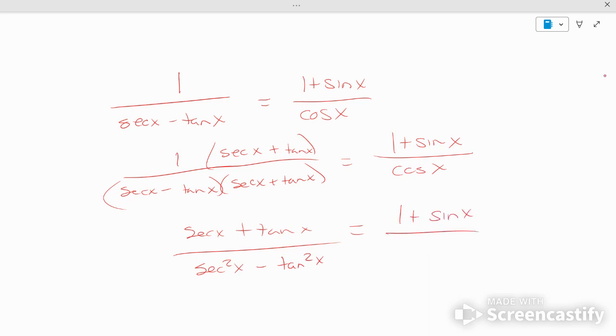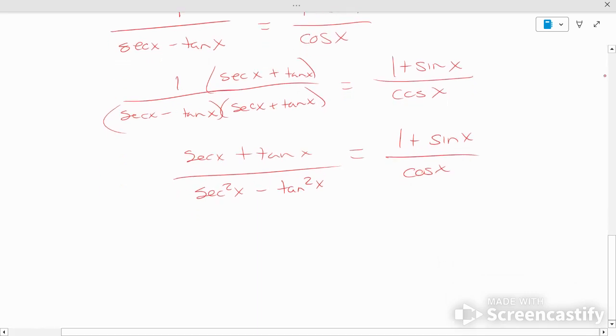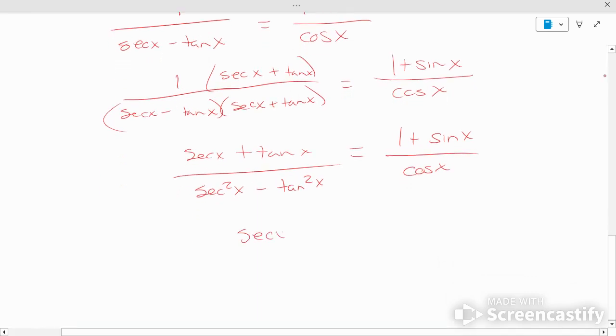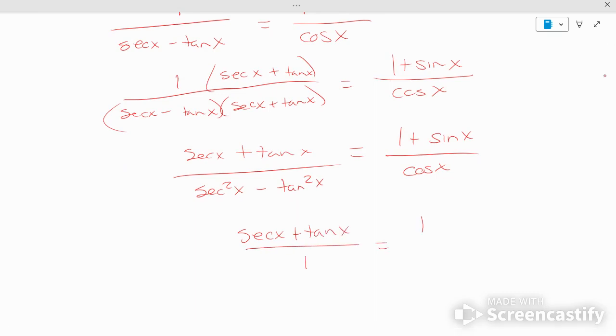From your Pythagorean identity, what's secant squared minus tangent squared? Secant squared equals tangent squared plus 1, right? So if we subtracted tangent squared from each side, what's secant squared minus tangent squared? 1. So I have secant of x plus tangent of x over 1.